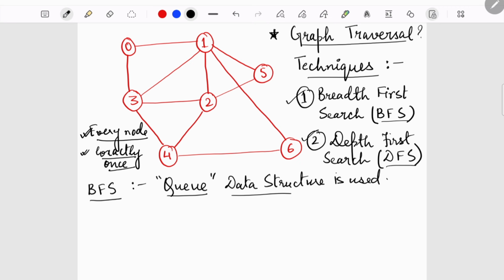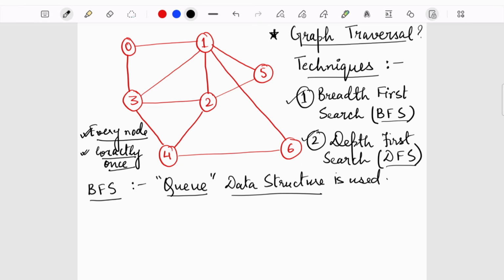A queue data structure is the one in which the element that has entered first is the first one to leave the data structure. It's quite similar to the queue that we see in our daily lives. First come, first serve. That is the basic idea of a queue.